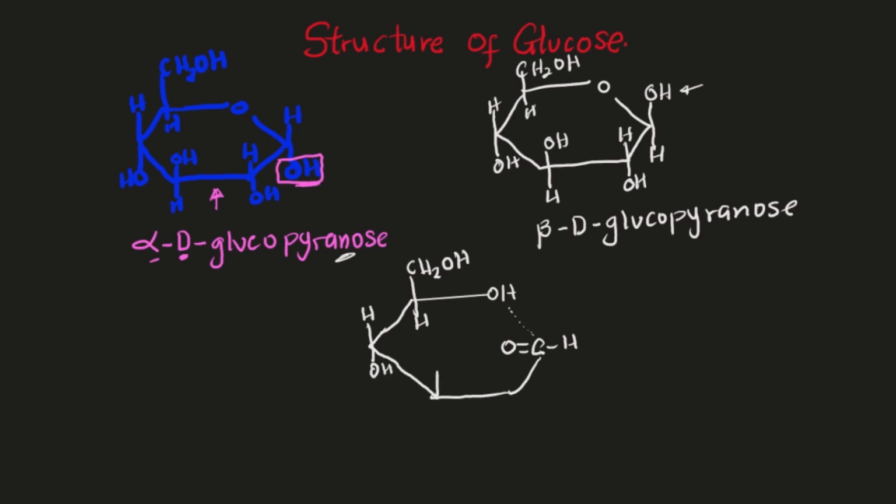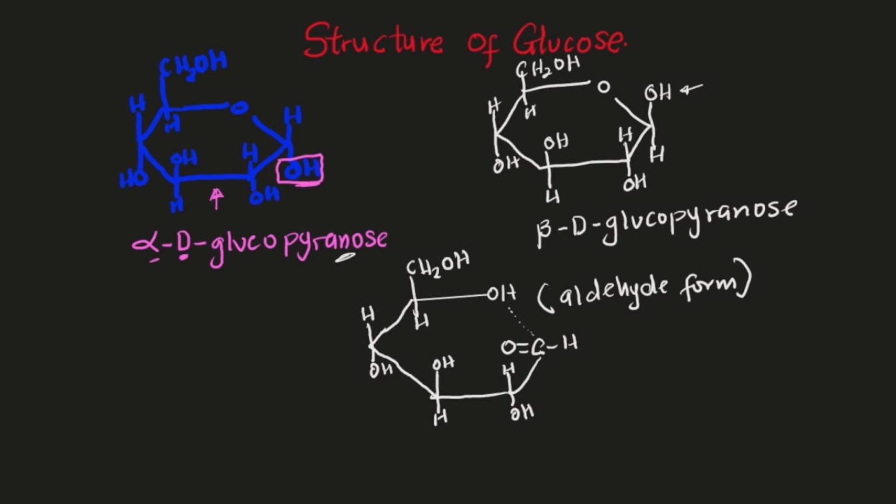Then we are going to have a hydroxy group here as well, and hydrogen here. Then here as well, we are going to have our hydroxy group at this second part and also hydrogen. So in this case, this is the normal aldehyde form of glucose, apart from the pyranose, alpha D pyranose or beta D pyranose.